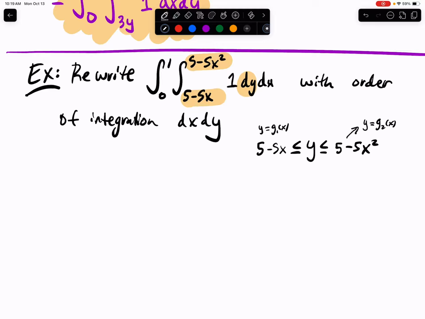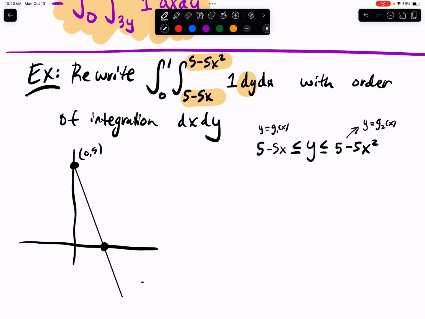So let's draw this. So 5 minus 5x, so I'm going to cross at 0, 5, okay? I'm going to go down a slope of 5. So after I cross through here, it's going to cross through at 1, 0 like that.